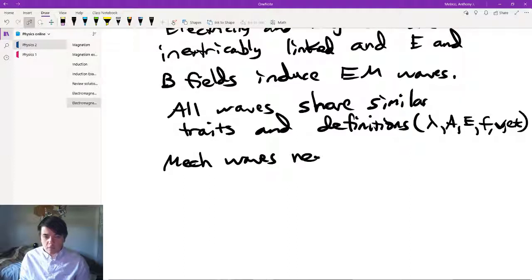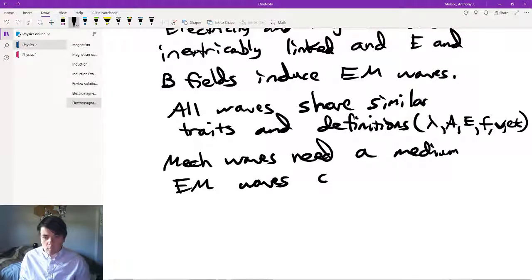Mech waves need a medium to travel through. EM waves don't.